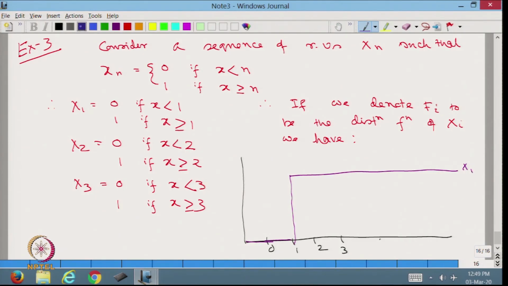For X_2, it is 0 till this point and at 2 it takes the value 1 and it remains there after that. X_3 will remain at 0 till 3 and at 3 it will take the value 1.